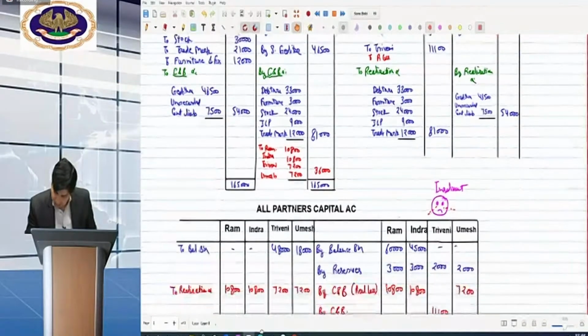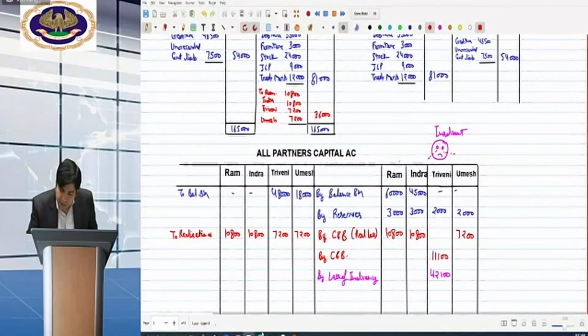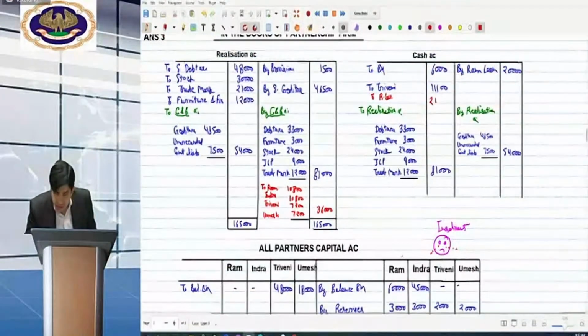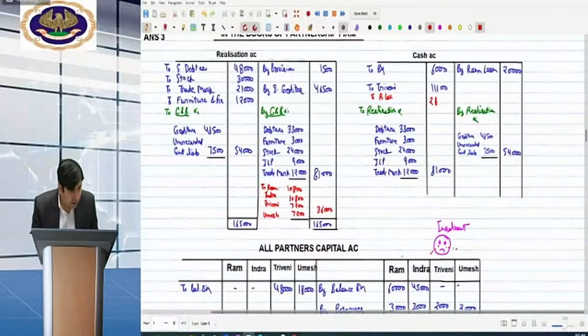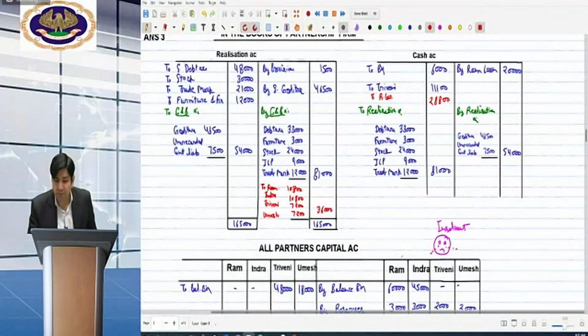How much is the amount? 10,800 plus 10,800 plus 7,200. In the exam, you have to write down individually, but I am saving your time and effort. That is 28,800. Okay, 28,800 is the amount. Yes, beta ji, very good.